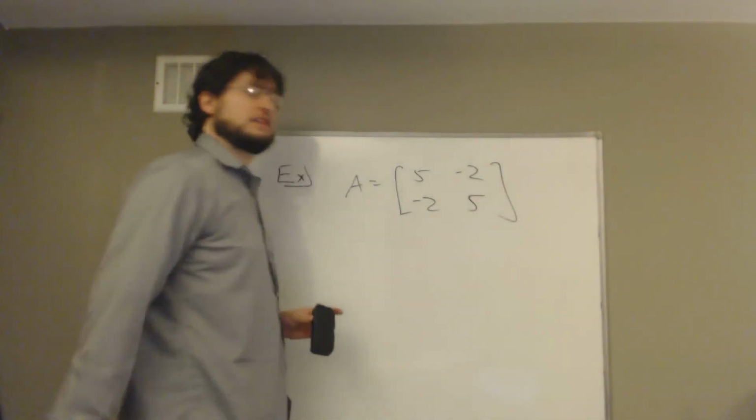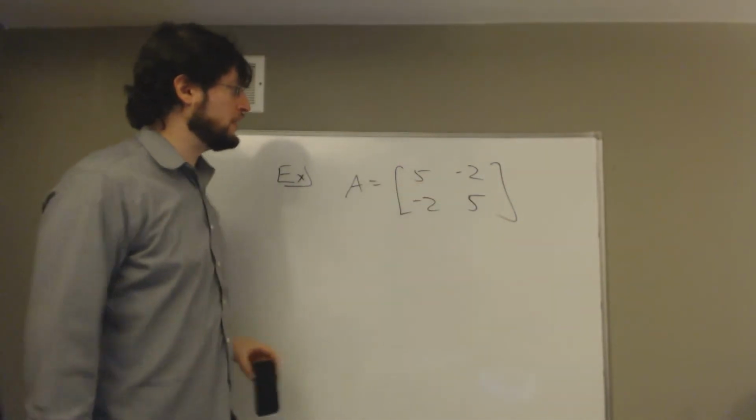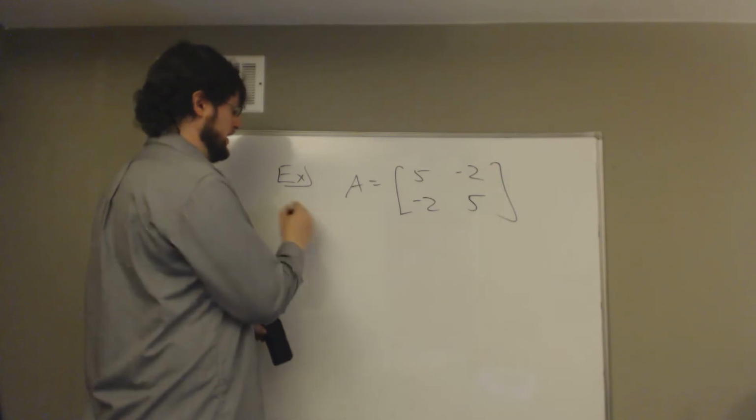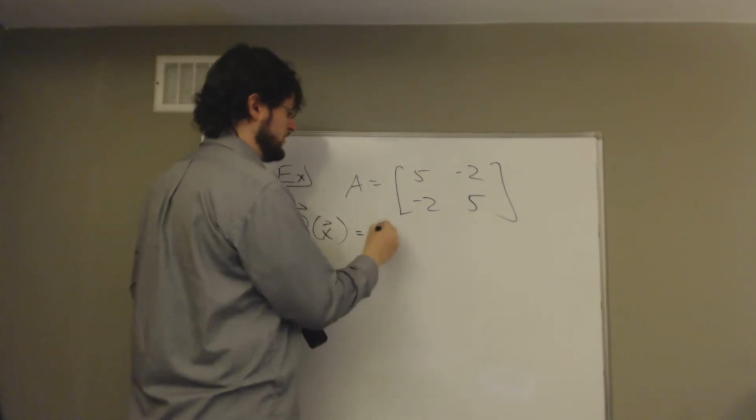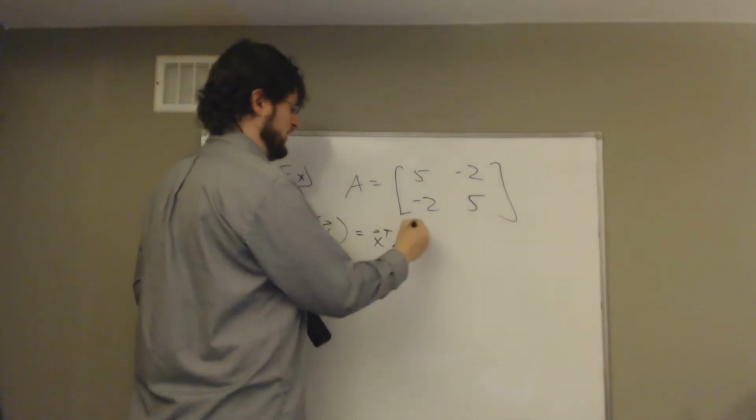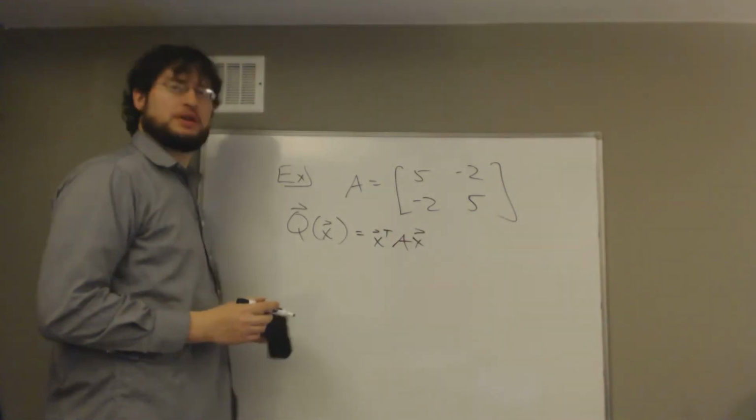Okay, suppose that this is my matrix, [[5, -2], [-2, 5]], and we're looking at the quadratic form Q(x) = x transpose A x. All right, so here's our goal.